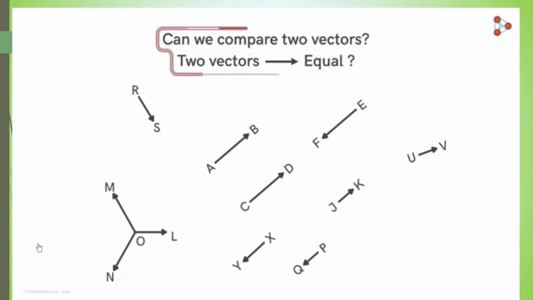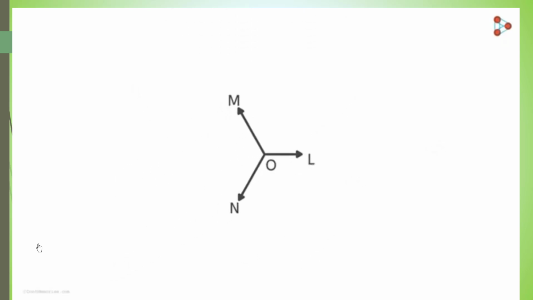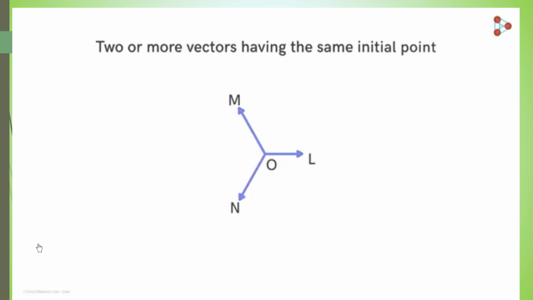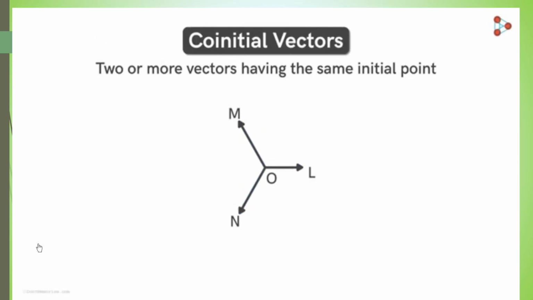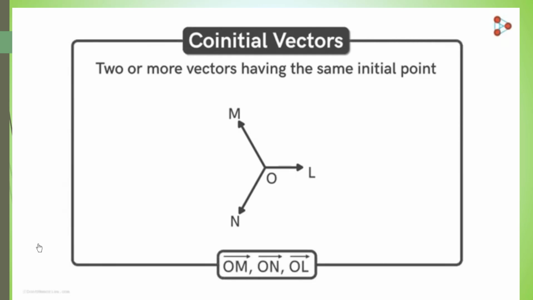If we have different vectors with a common starting point, such vectors are known as co-initial vectors. They are two or more vectors having the same initial point. So all 3 vectors are co-initial vectors.